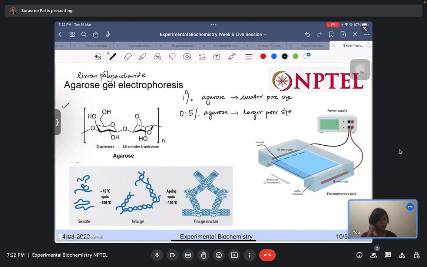So the pore size of agarose gel can only be controlled by the percentage of agarose.